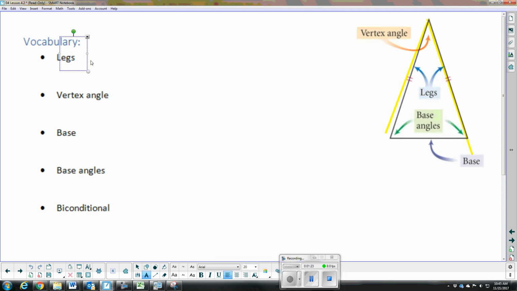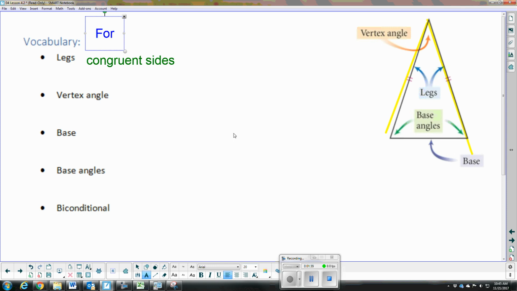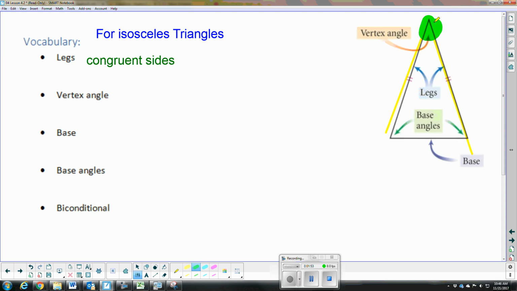So our legs, we're going to define our legs, and this is all about isosceles triangle. So the legs are the congruent sides. The vertex angle is this angle here that connects those two legs.